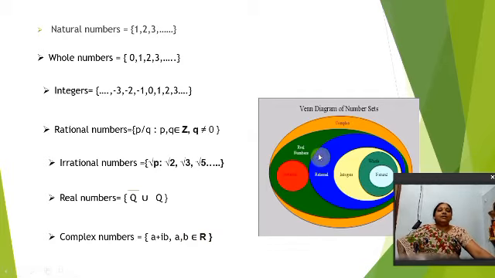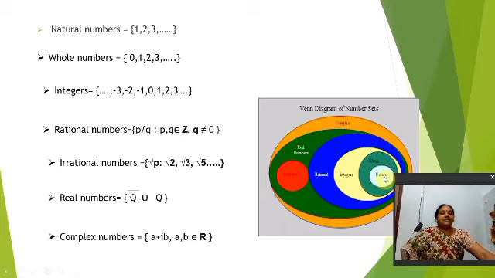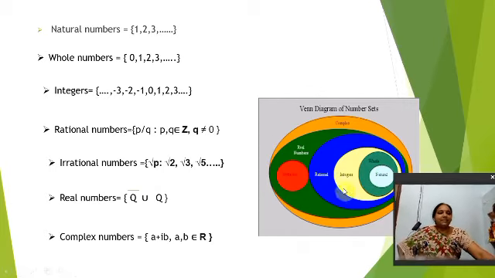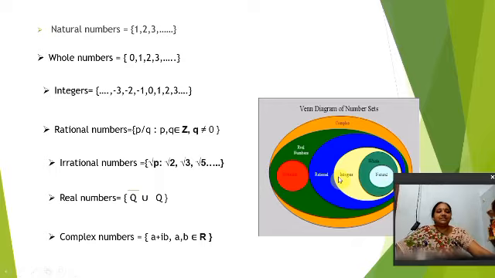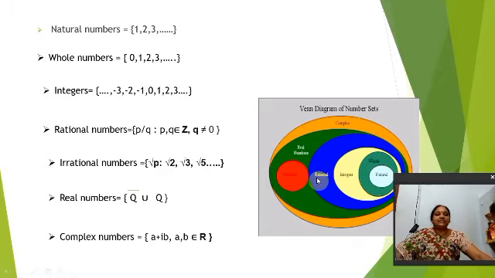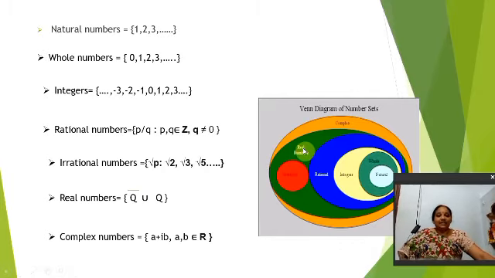If we see the Venn diagram here, the natural number set is the least among these sets. The natural number set is a subset of the whole number set. The whole number set is a subset of integers. Integers is a subset of rational numbers, and rational numbers is a subset of real numbers.